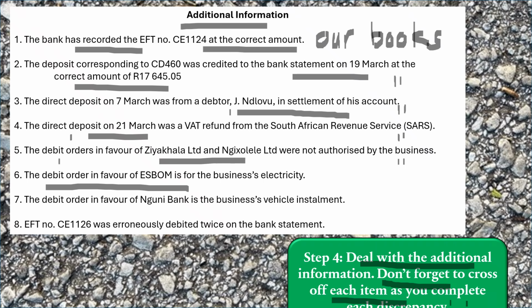The debit order in favor of Eskom is for the business. It's a payment. It needs to go in our books. EFT number CE1126 was in error debited twice on the bank statement. That needs to go on the bank reconciliation statement because the bank has made this payment twice in error. So now we need to deal with all these.